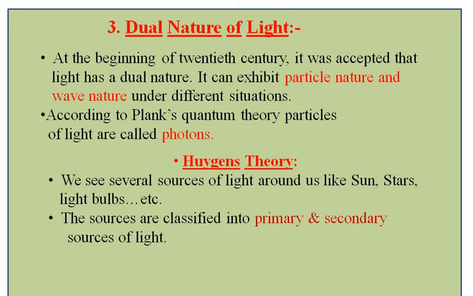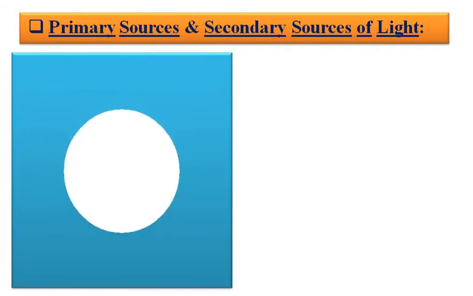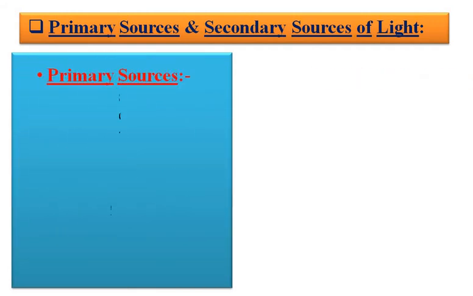We see several sources of light around us like the sun, stars, light bulbs, etc. The sources are divided into two types, that is primary source and secondary source. We want to see what is meant by primary source and what is meant by secondary source.